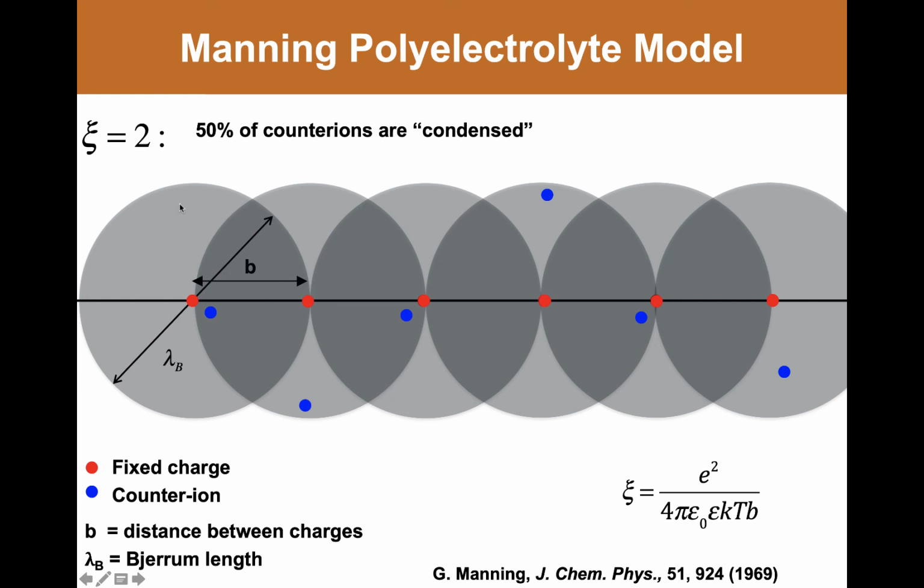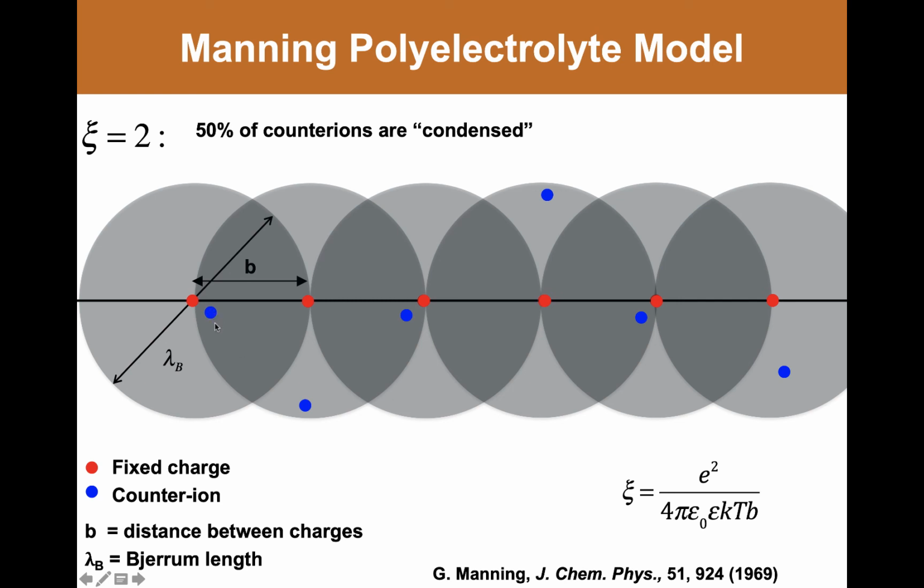And now you have these regions where the electrostatic field from one fixed charge group overlaps the electrostatic field from its neighbor. And in this region of overlapping electrostatic fields, any counterions that are caught in here are really doubly caught between these ions. They're experiencing the electrostatic attraction from both of these ions and have a really hard time diffusing out of this area.